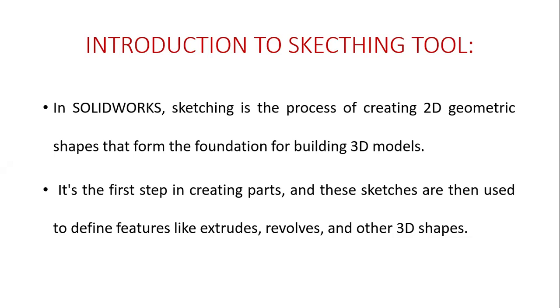Using that, we can develop a 3D model according to the designer's perception. It is the first step in creating parts, and these sketches are then used to define features like extrude, revolve, and other 3D shapes.